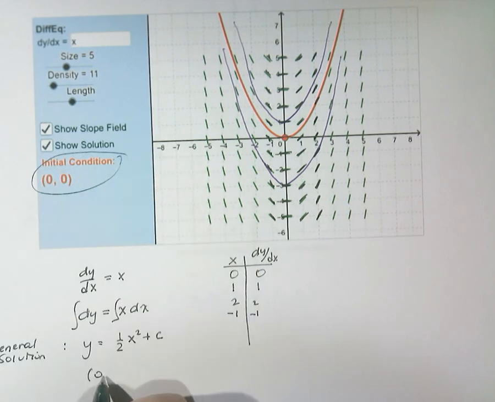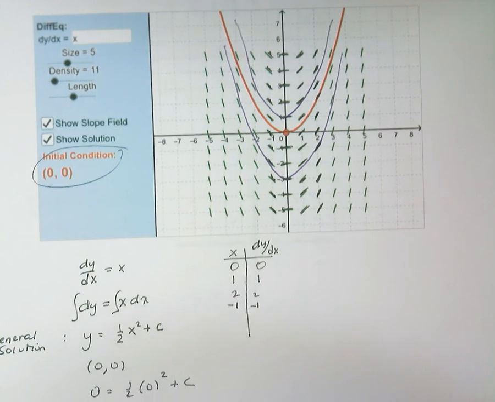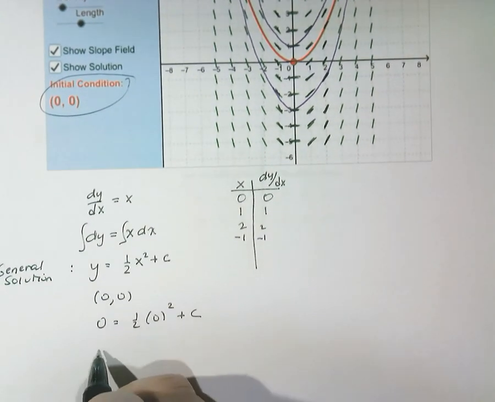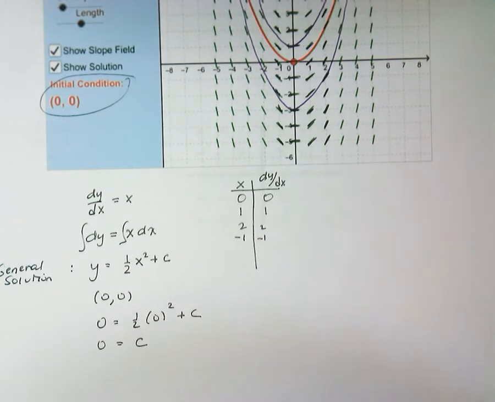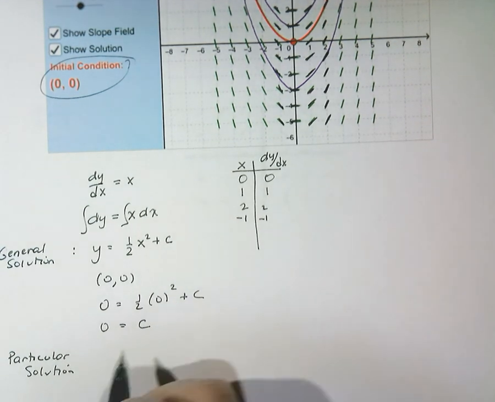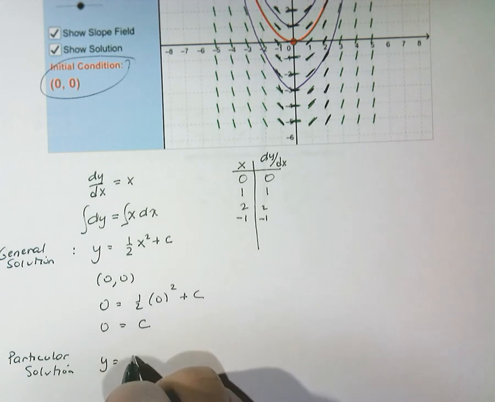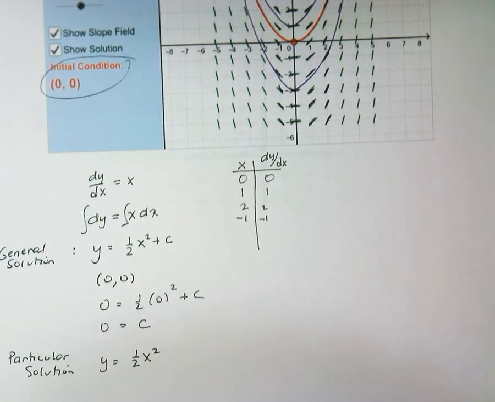So I'm going to use the point 0, 0. So 0 equals y, 0 equals x, and I would solve for c. That's actually a really boring one, c equals 0. So my particular solution would be y equals 1/2 x squared.